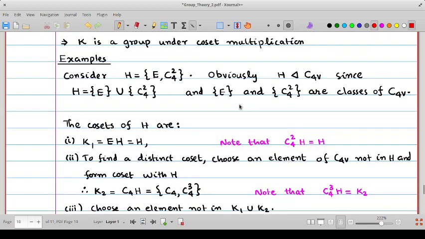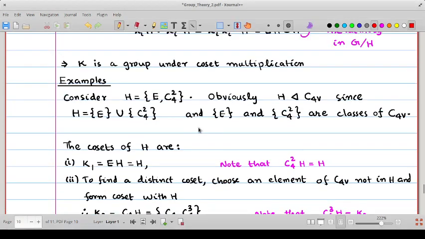So now we consider some examples. Consider the subgroup H containing elements E and C4 square. And we see that this is a normal subgroup, or the invariant subgroup, of the group C4v.